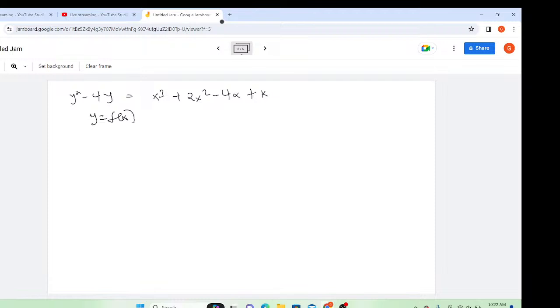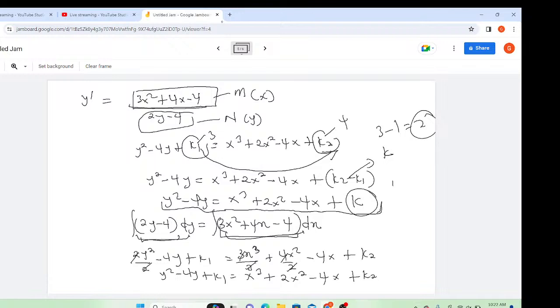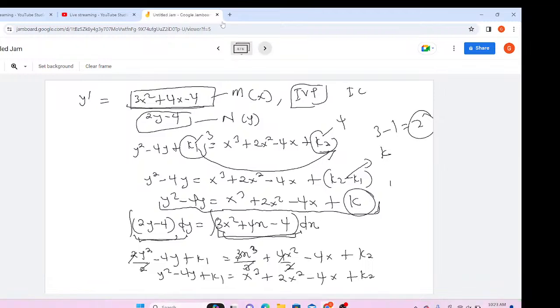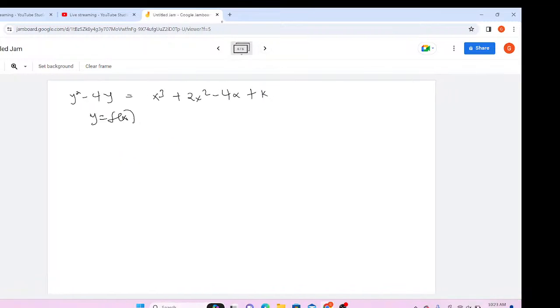Now in real differential equation problems, anytime they give you the problem, like our problem here, they give you an initial value problem, or we call it our initial conditions, or IVP.